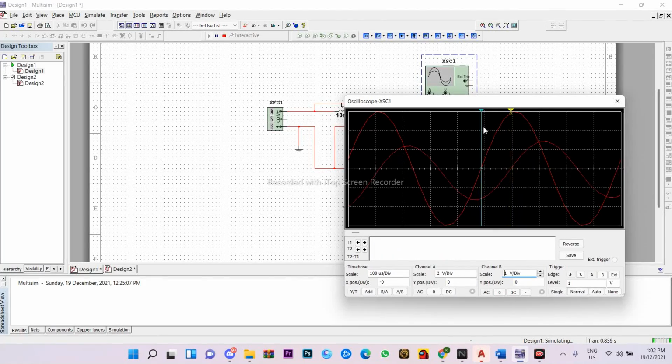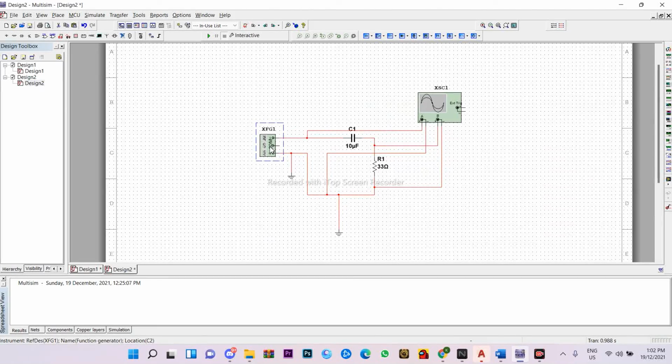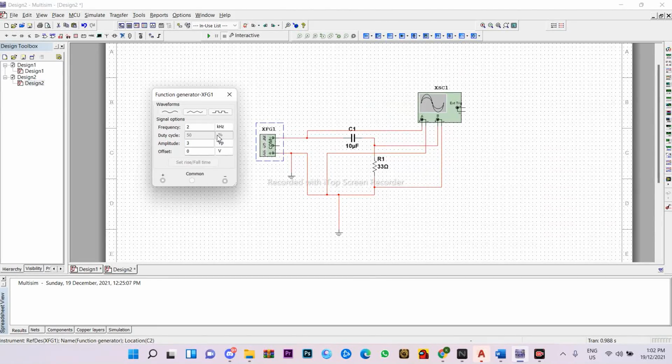This is the measurement for our RL circuit inductor, and for the RC circuit the setting will still be the same, frequency 2 kHz and 3 Vp.